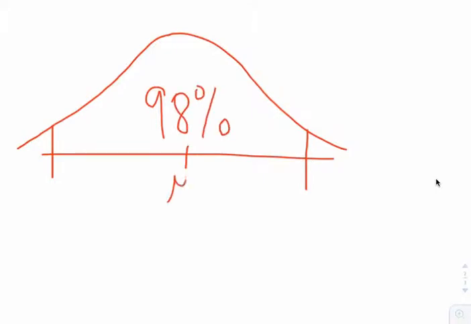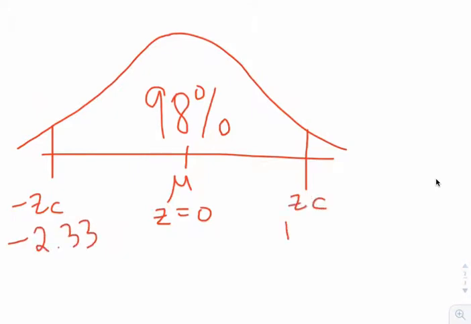This is my mean, so z equals 0. This ZC, the negative ZC over here would be negative 2.33, and this Z sub C would be positive 2.33. So you don't need to find these ZCs, these will be given to you on the table. Now you can look at how we are going to use these in section 8.1.